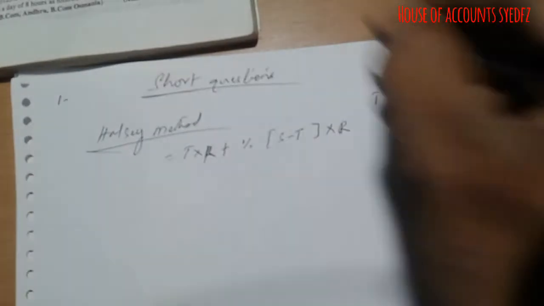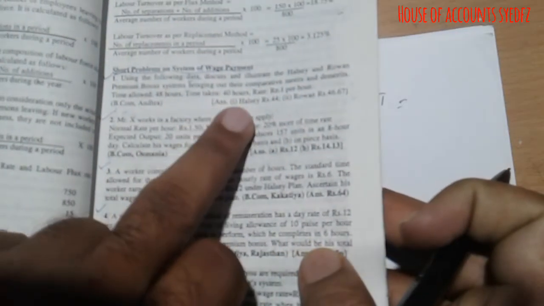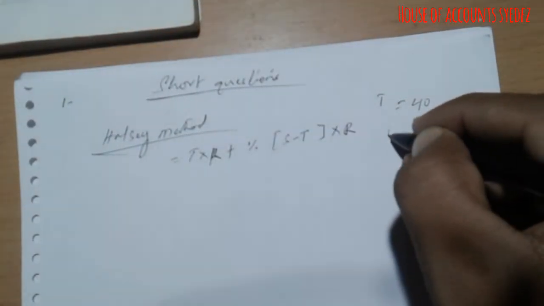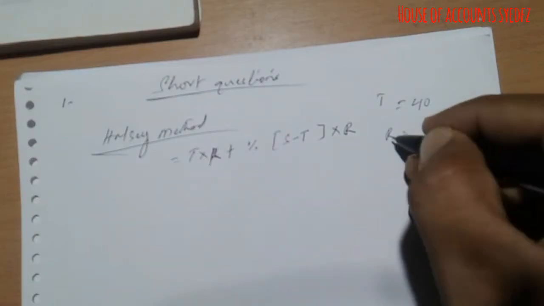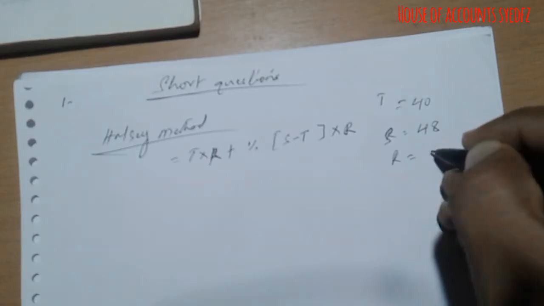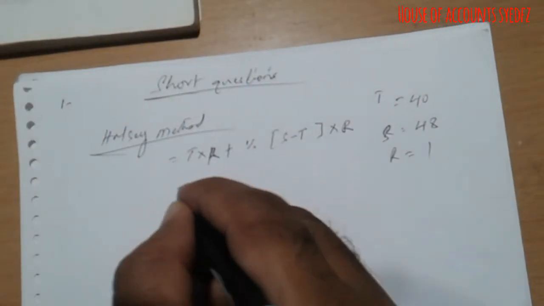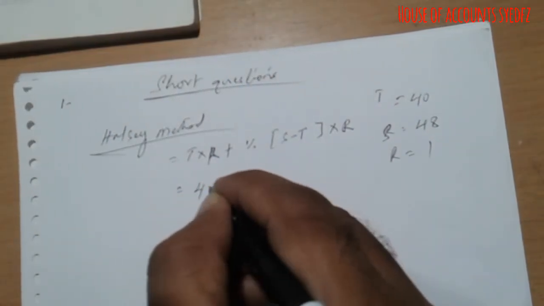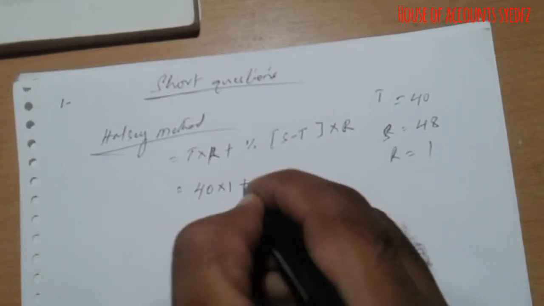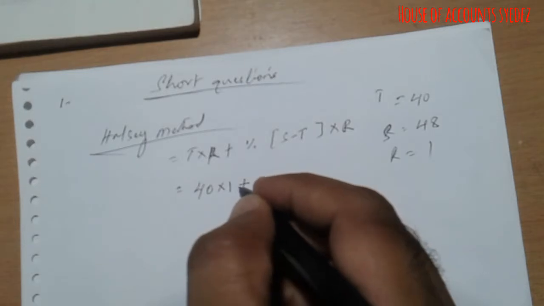Time taken in this problem is 40, time allowed, meaning standard time, is 48 hours, and rate is 1. Insert into the formula: time taken 40 into rate 1 plus percentage.